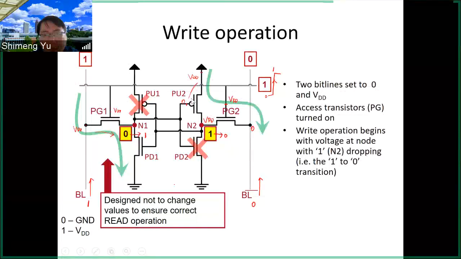So this PMOS is turned on, and the PMOS is in the linear region. So you will have current as this green path shows. You have this current as well from the power supply to the BL bar. So you have this current flow. This current is going to make the VDD of the N2 decay. It's like discharging the N2 load as well.